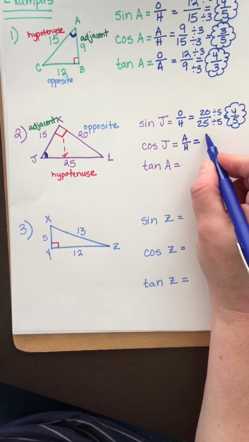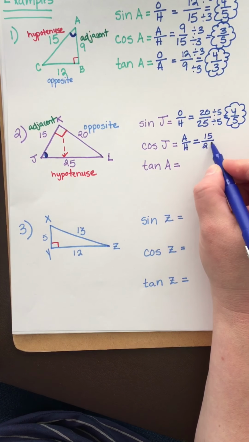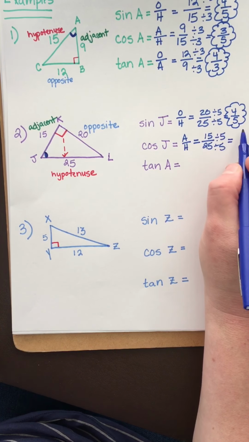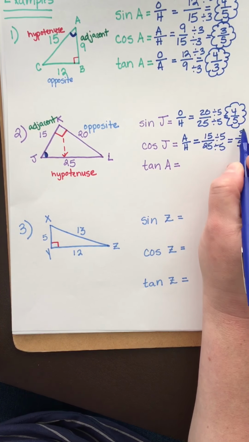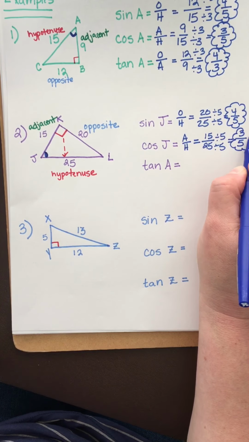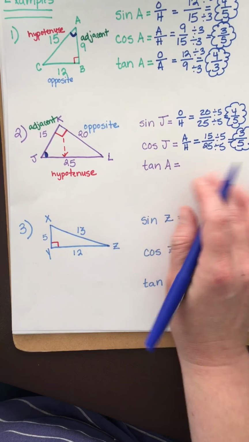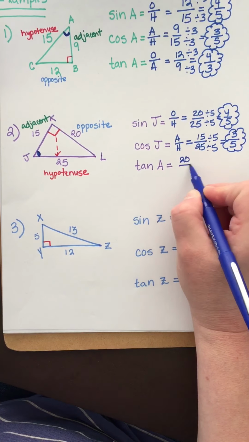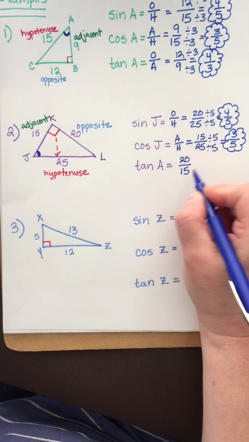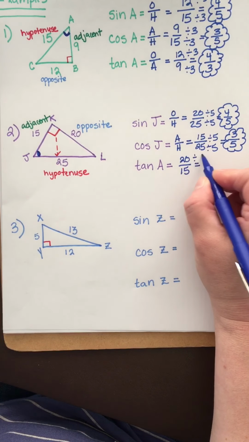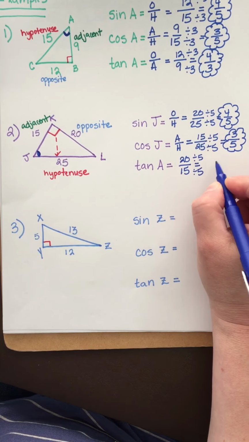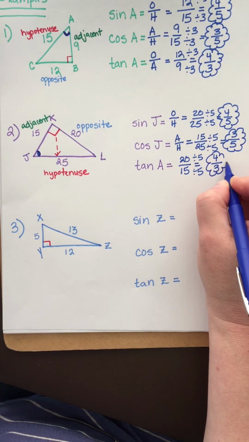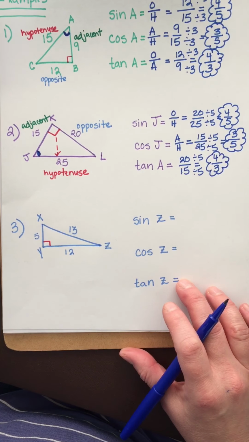Adjacent is 15. Hypotenuse is 25. I can divide by 5, and I get 3/5. And then for tangent, tangent is opposite over adjacent. Again, I can reduce by dividing by 5, and I get 4/3. And that's it for that one.